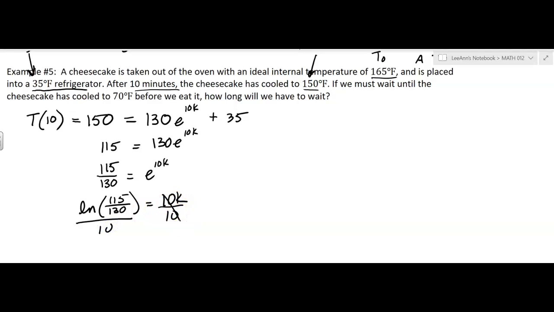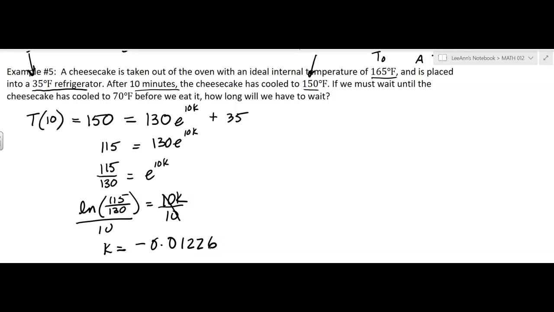Okay, so let's get a calculator and figure out what that is. So I need natural log of 115 divided by 130. Then hit the parentheses, because all that's in parentheses. And then we're going to divide that by 10. And I'm getting k to be negative 0.01226.